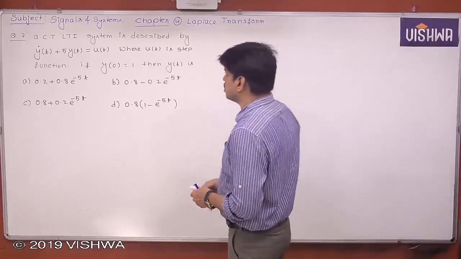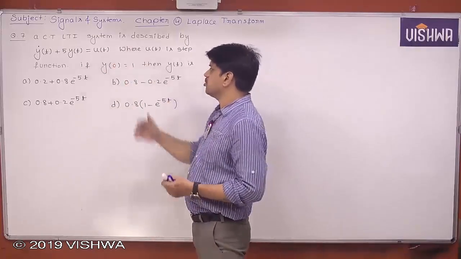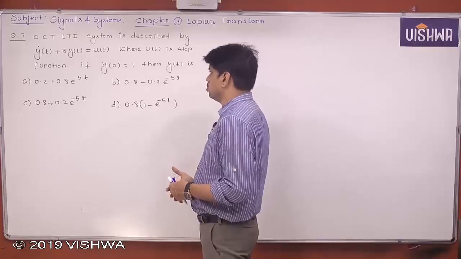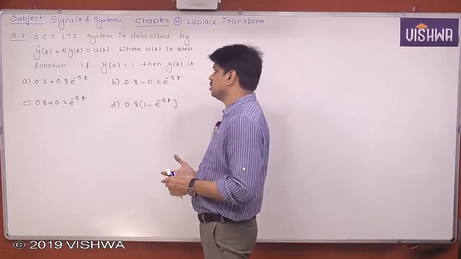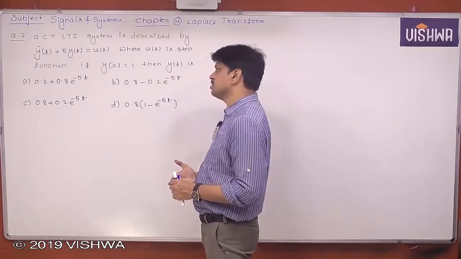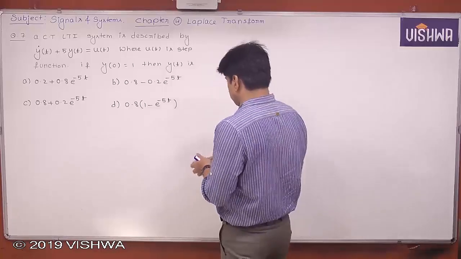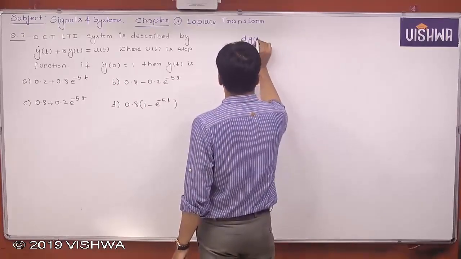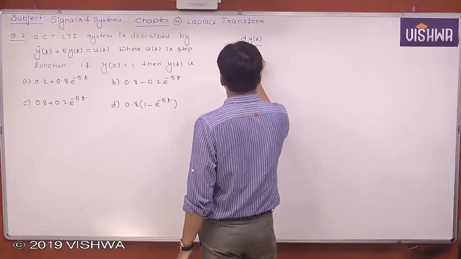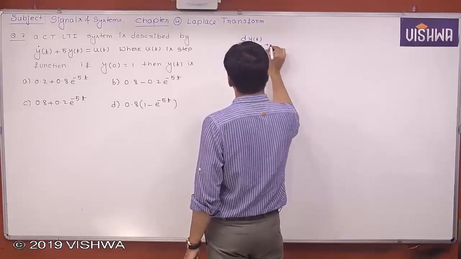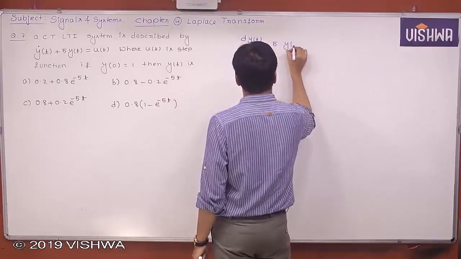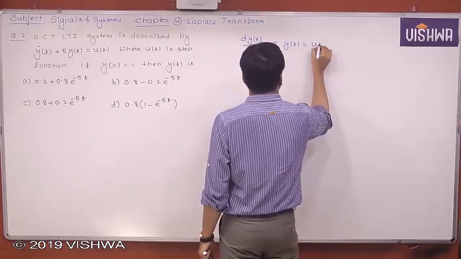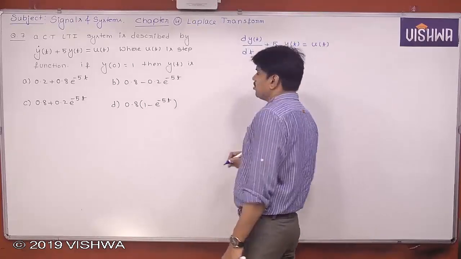Okay, so they have given a differential equation and want us to find y of t. Y dot of t means dy by dt. So here they have given dy of t by dt plus 5y of t is equal to u of t, and they have given initial conditions.